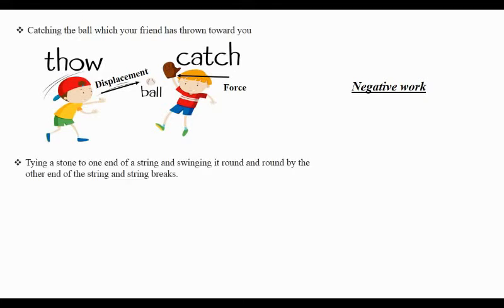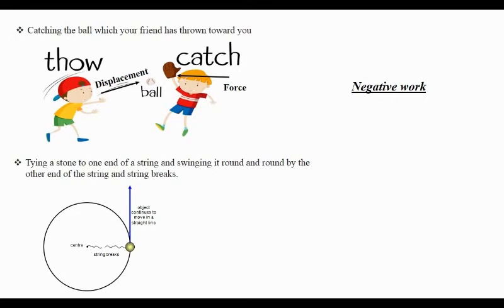Now another example is tying a stone to one end of a string and swinging it round and round by the other end of the string, and the string breaks, like this. When we swing it round and round, the stone moves in a circular motion, and when the string breaks, the stone moves along a tangent to that circle.